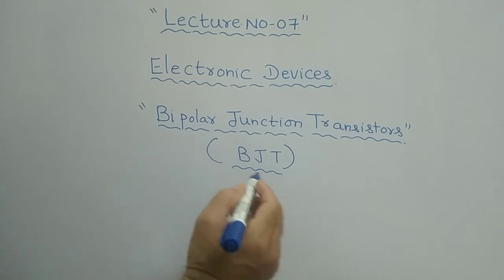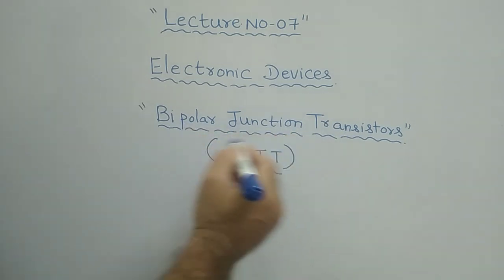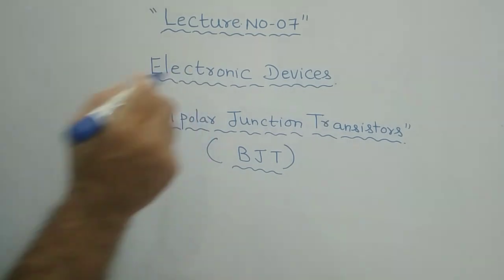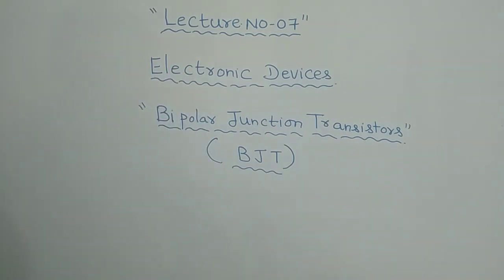In short, you can call them BJTs, bipolar junction transistors. By the way, this is our lecture number 7. In this, we are going to see a brief presentation about the bipolar junction transistor.